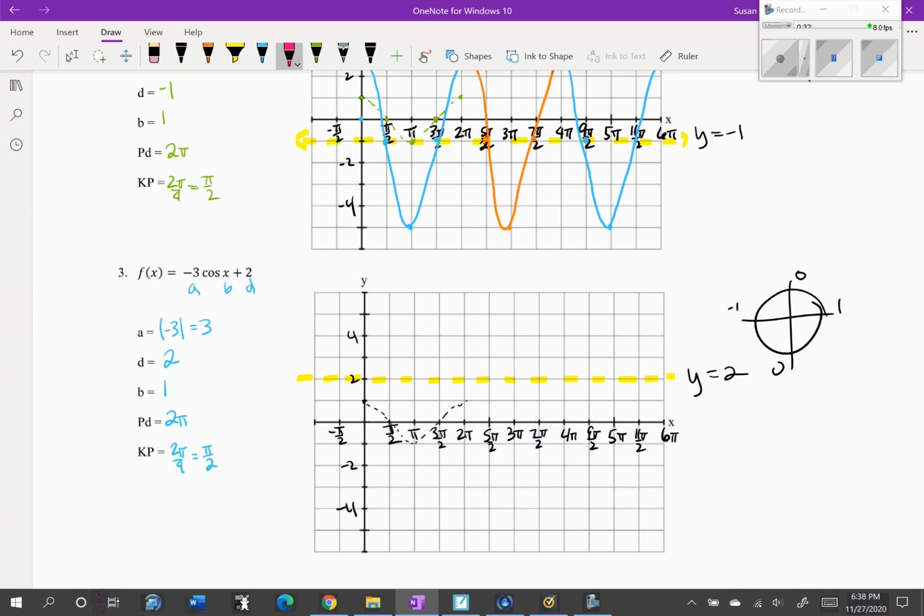And for my graph, we start above the midline usually, but because it's a -3, that means we're going to start 3 below the midline. So down 1, 2, 3, back to the midline, up 1, 2, 3, back to the midline, and down 1, 2, 3. So notice that your cosine graphs always start above or below the midline. If it's a reflection, it starts below. If it's not a reflection, it starts above.